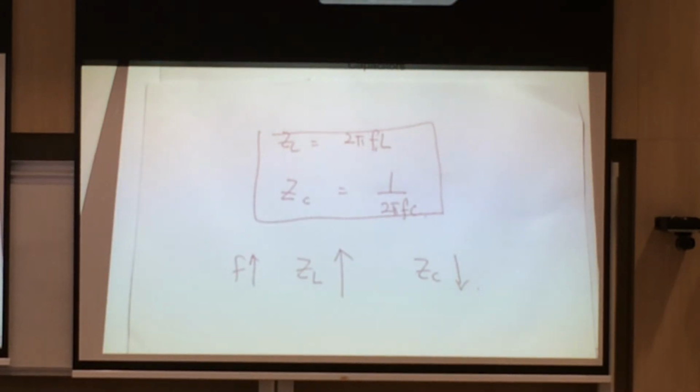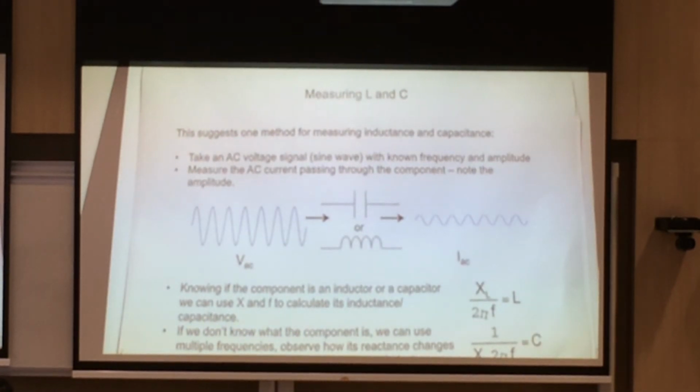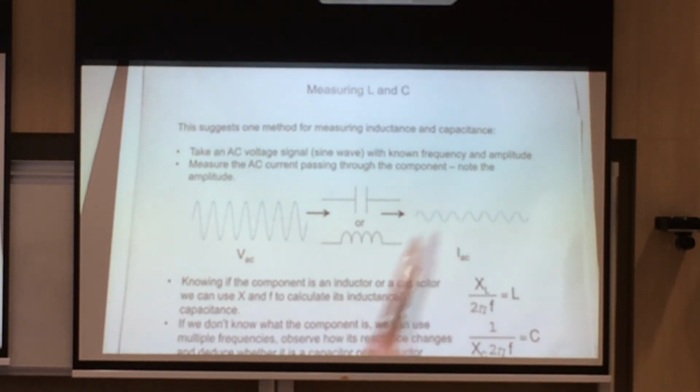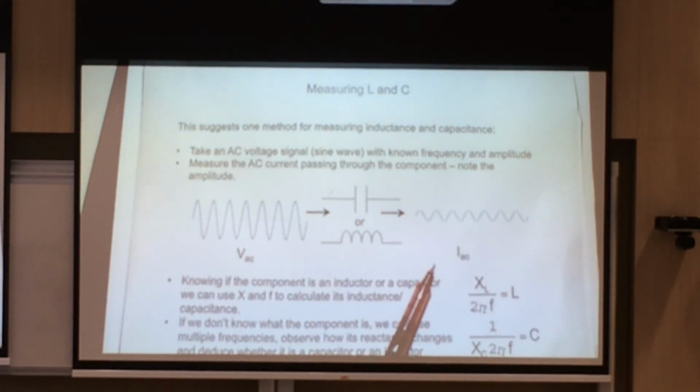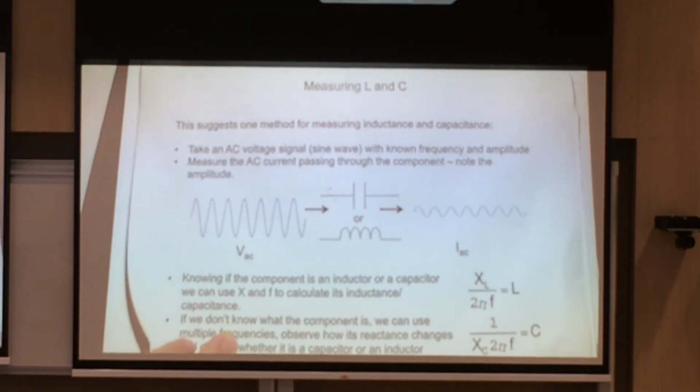Once you know that, I think last year they asked a question on how you measure your L or C. Given the component, you don't know whether it's an inductor or capacitor. How do you do it? Essentially, it works this way. If I supply an AC signal to this, you will get attenuation. Supposedly I have a circuit with R and then an unknown.